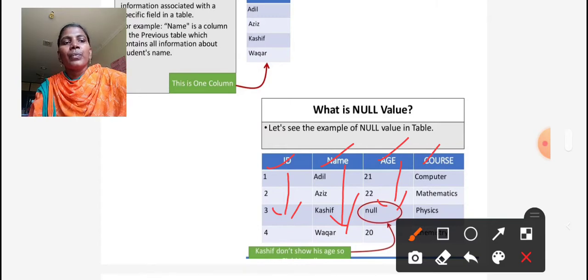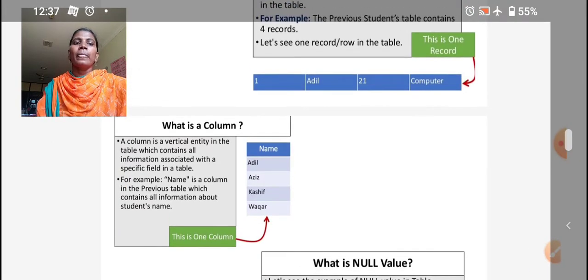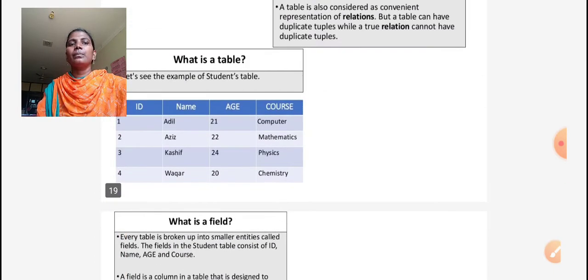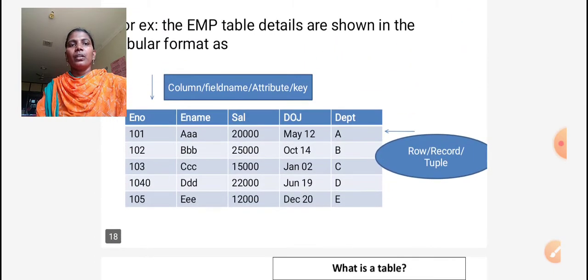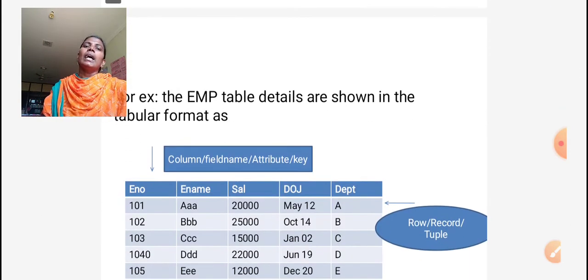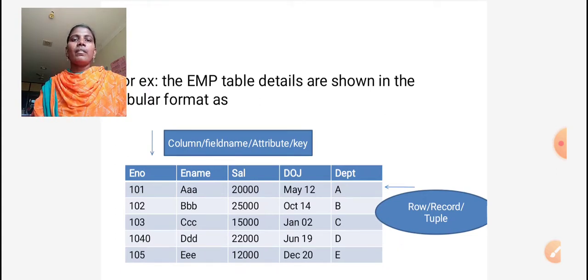So this is about the relational model: what is a table, a column, a row or record, and a field. These are the new terminology displayed in the relational model. In the relational model, the data is displayed in the form of tables.